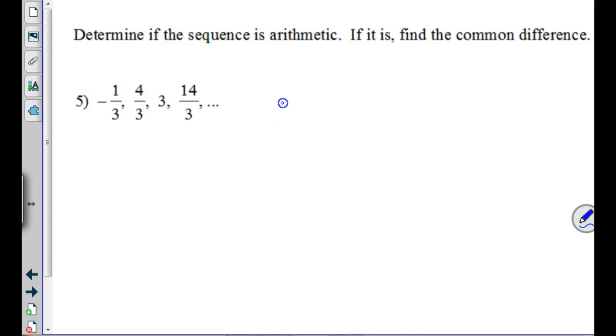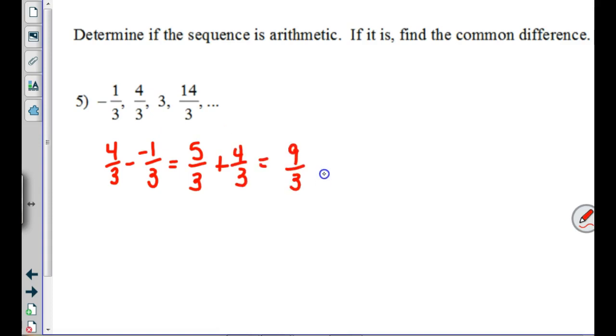All right. Fractions. Any ideas how to deal with this? Okay, 4/3 minus negative 1/3 would be what? Okay, did they add 5/3 again? Well, if we're at 4/3 and we add 5/3, we get 9/3. That would be 3, right?